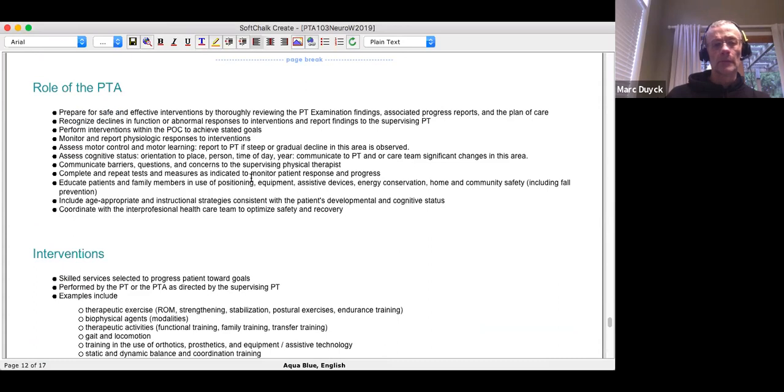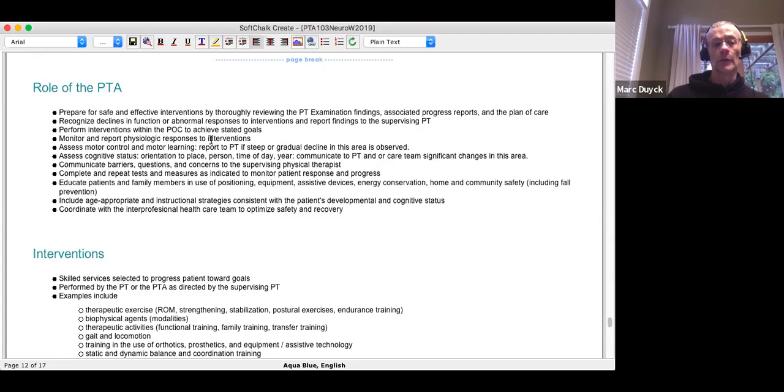So we're seeing monitor and report physiological response to interventions. This is something that you've learned and have been doing in terms of lab, in particular with the cardiovascular patient, the cardiocompromised patient with variable vital signs or unstable vital signs.